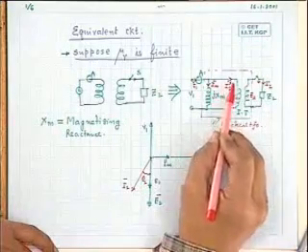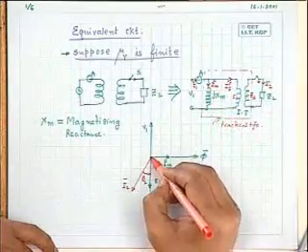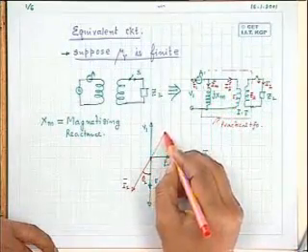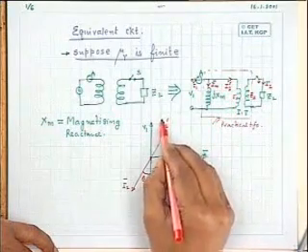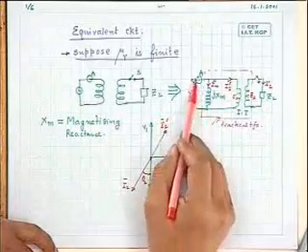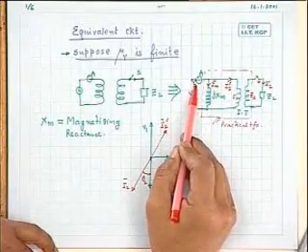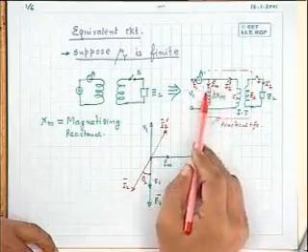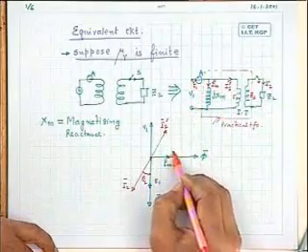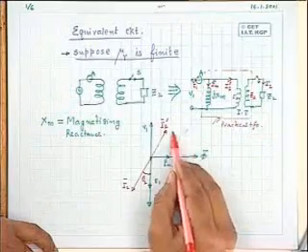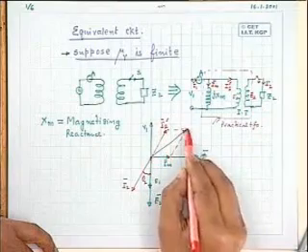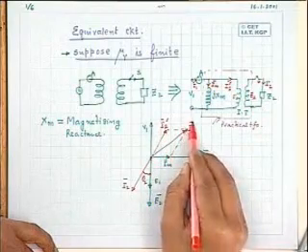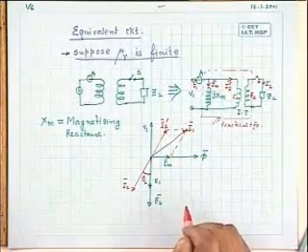The primary reflected current I2 dashed I will just draw opposite to this one, and the total current drawn from the supply will be the sum of these two currents. So you have to add these two in vector form, as a phasor sum, and you get the current drawn from the primary. This will be the relationship.